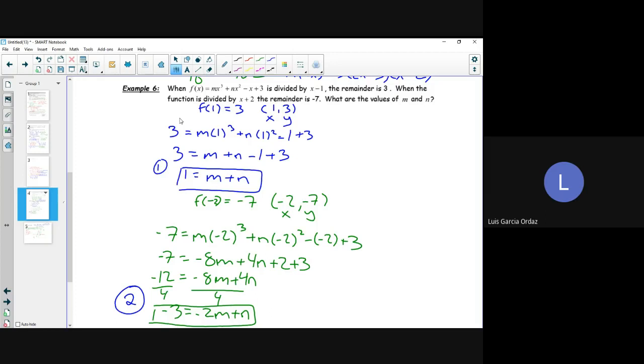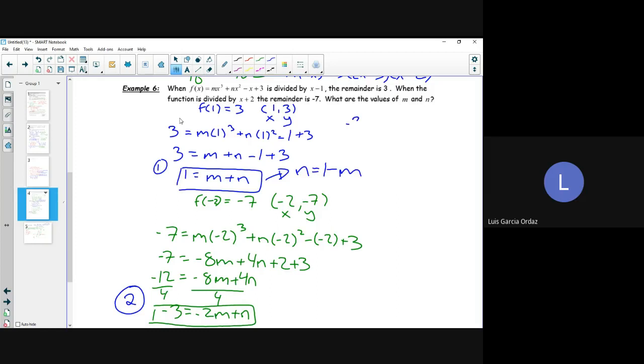In this case, substitution is easier. Do you guys want to substitute for m or n on the first one? n. We'll sub for n. So n is equal to 1 minus m. Wherever we see an n in the second equation, we're going to plug in 1 minus m.